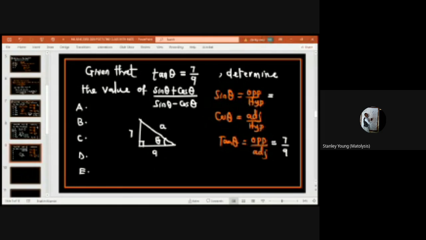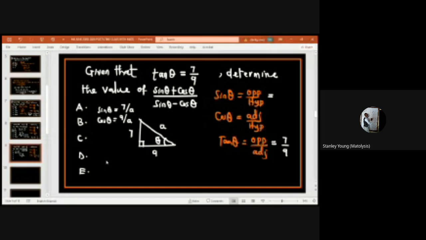Now you may end up not needing the value of A, because with the way this question is set, it's going to cancel out. Watch. Sine theta in that triangle is going to be opposite over hypotenuse, so that gives you 7 over A. Cos theta is adjacent over hypotenuse, so that gives you 9 over A. But what the question needs from you is sine theta plus cos theta divided by sine theta minus cos theta.